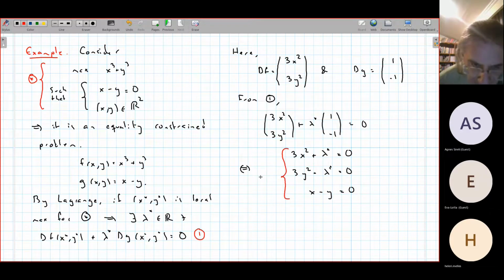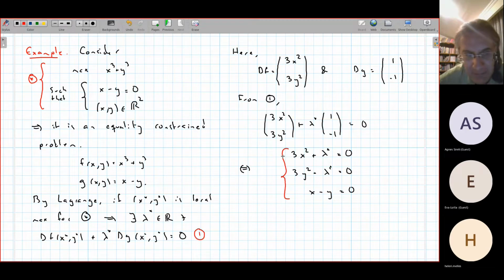And this is the basic idea about Lagrange's theorem: an optimization problem becomes an algebraic problem. So at the end, you need to solve a system of equations. In most cases, this system of equations is going to be complicated. But you hope to get the solution somehow.